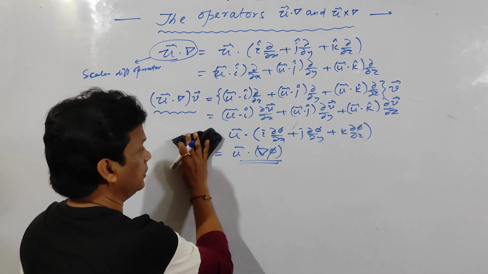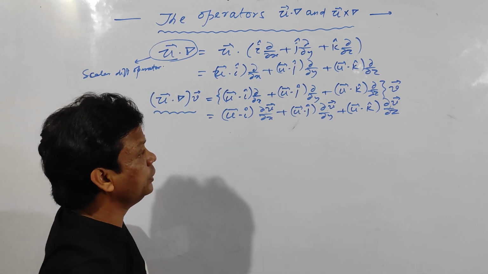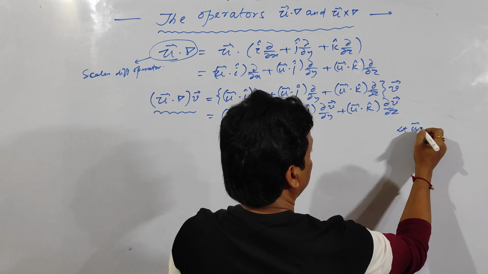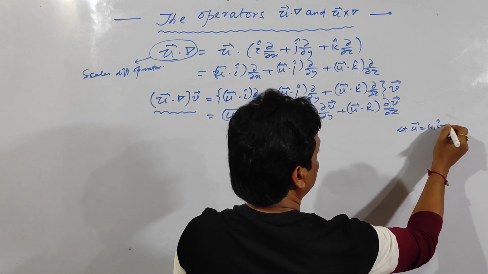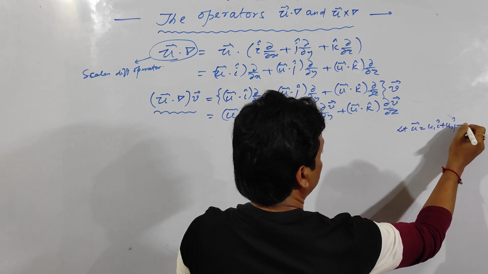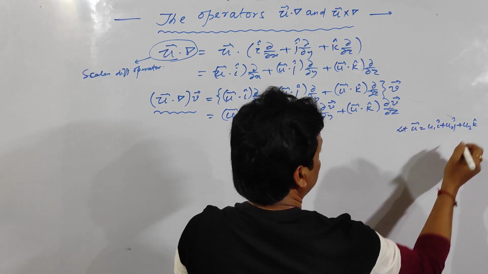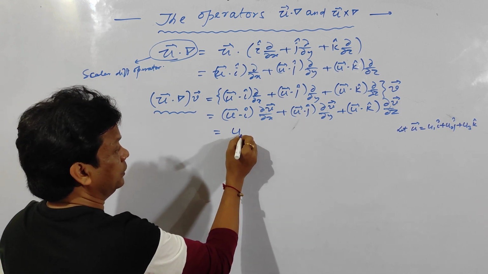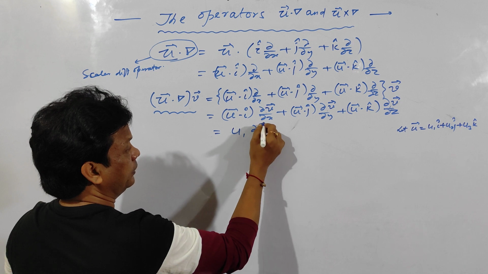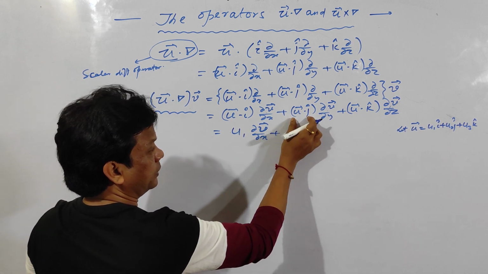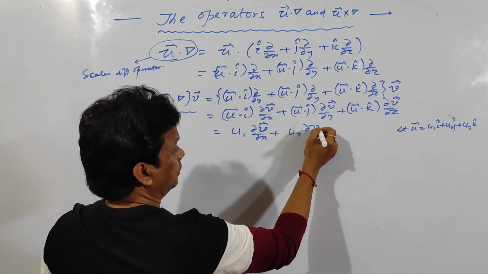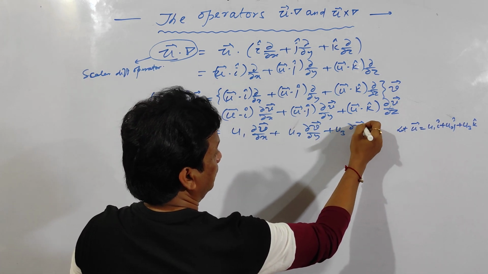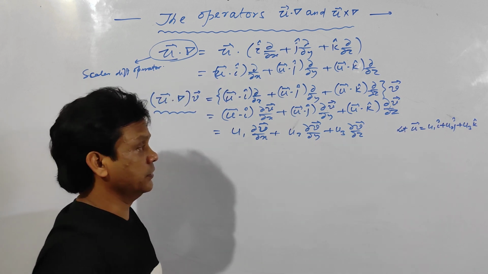And after this, if I take u vector equal to u1 i cap plus u2 j cap plus u3 k cap, then what will be the result? U dot del of v means simply u1 into del v by del x plus u2 into del v by del y plus u3 del v by del z. So this is the result.